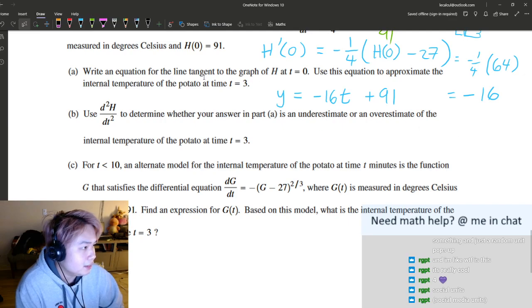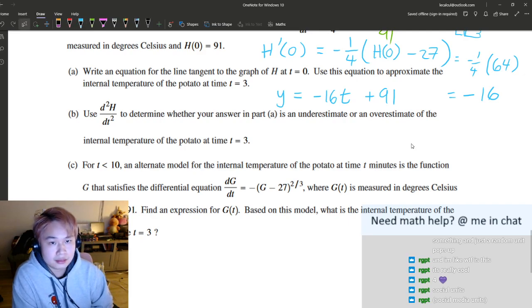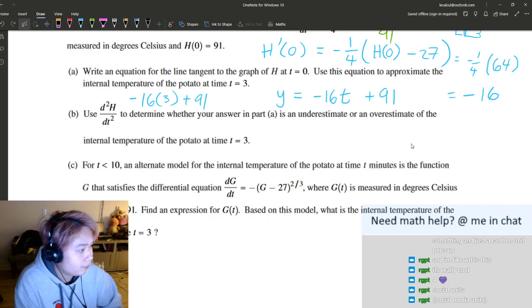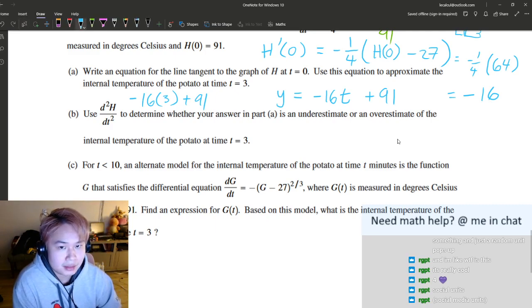Oh, and then we need to estimate the temperature at time 3. So then I plug in 3 into here. Why are they making you do this calculation without a calculator? So 16 times 3 is what, 48?